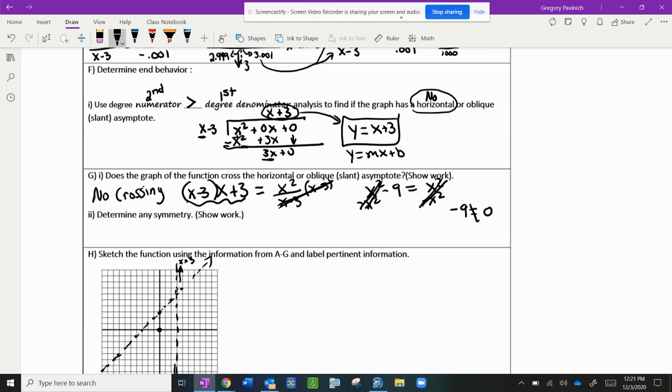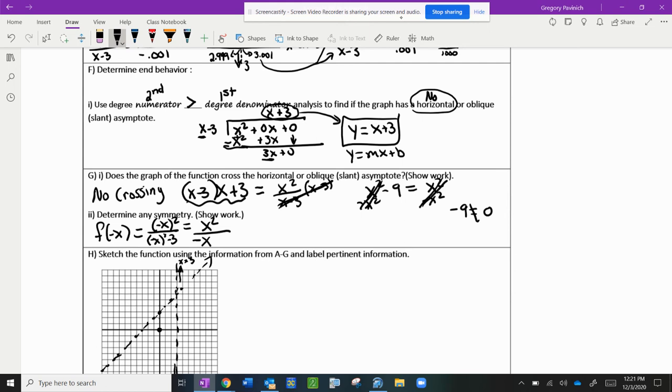Okay, in any symmetry work, I'm just going to find f of negative x. So I'm going to plug in negative x for my quadratic. When I do that, anytime I square, I get back the same. And negative x and then minus 3. Now I have an odd first degree, so it stays negative x.